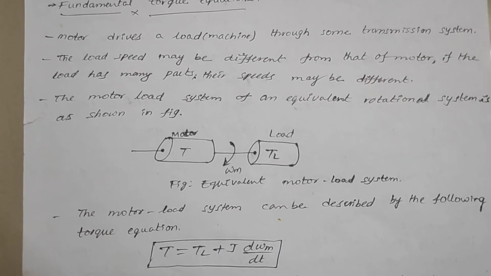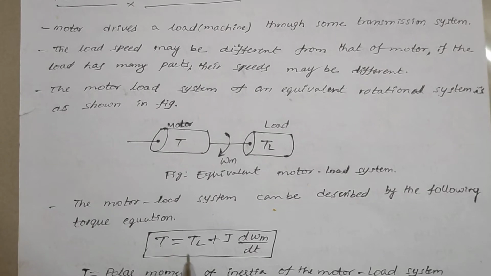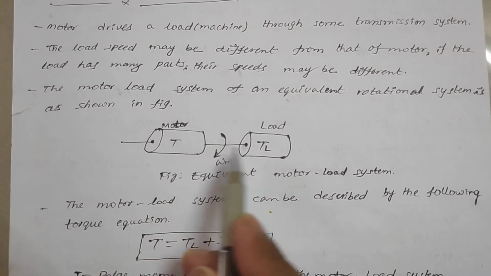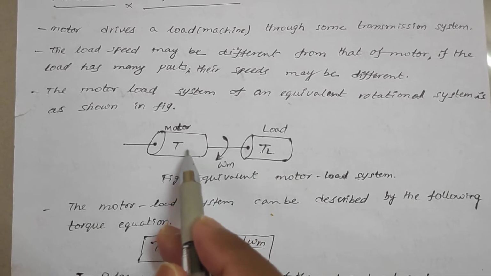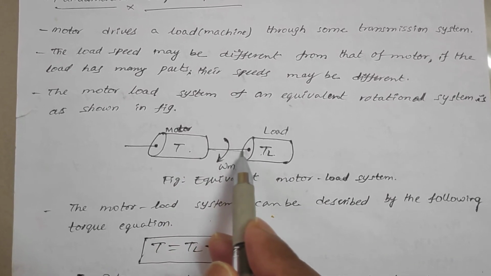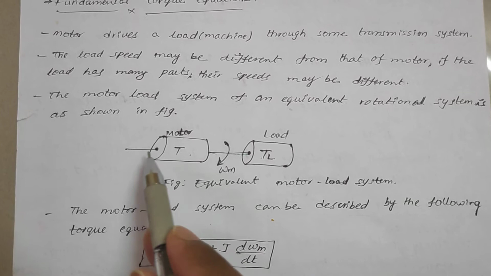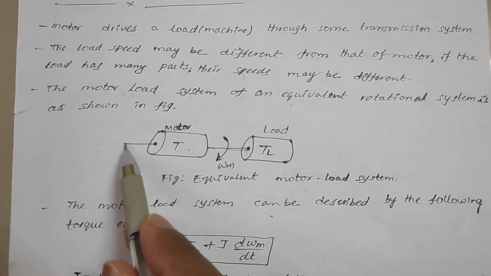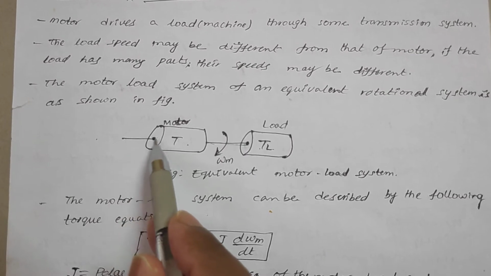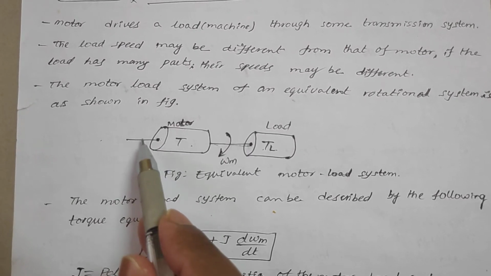Coming to the fundamental torque equation, if we see this diagram, this is a load, and the load is connected to the motor through a shaft. This is a shaft, and another mechanism, or converters, or other parts of the electric drive are connected to this motor.